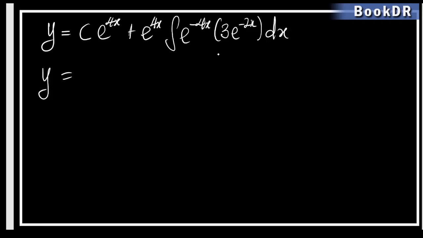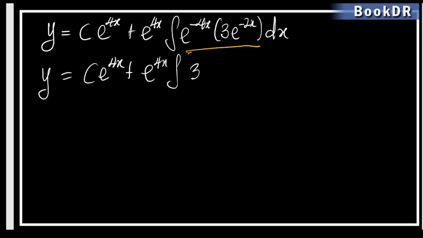We simplify the expression for the integration. The other expressions are copied exactly as they are. Then we perform this multiplication, and this will yield 3e^(-6x). Then we perform the integration.